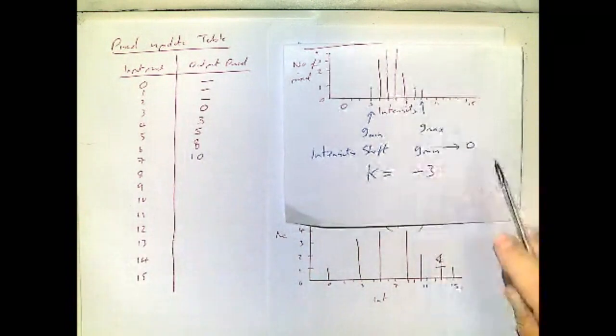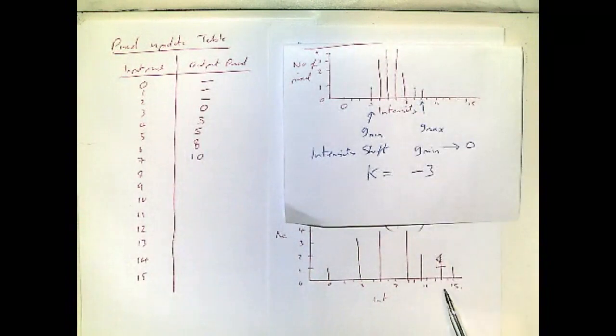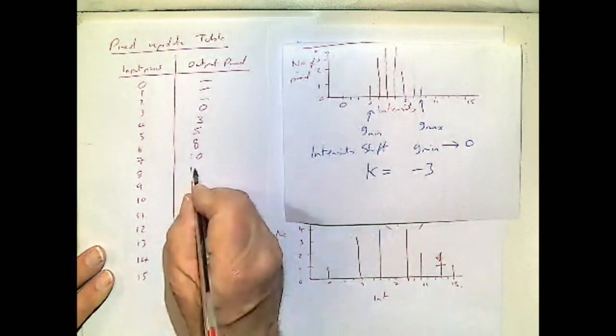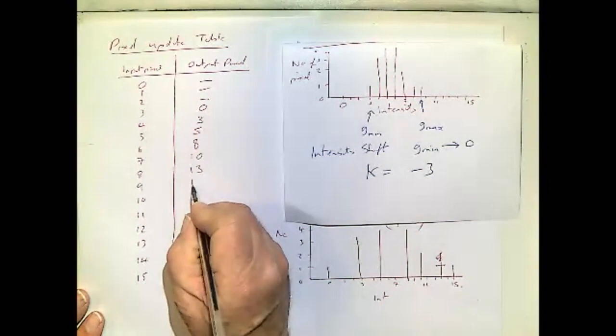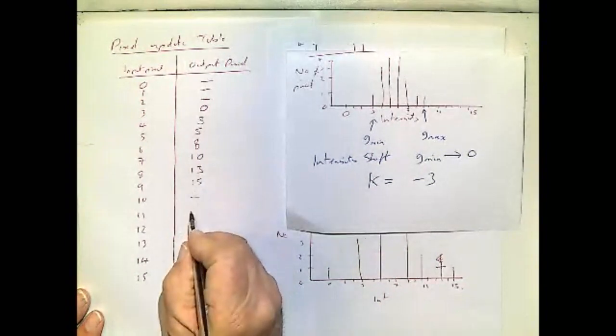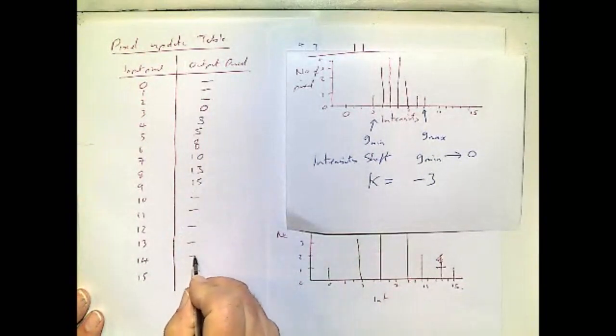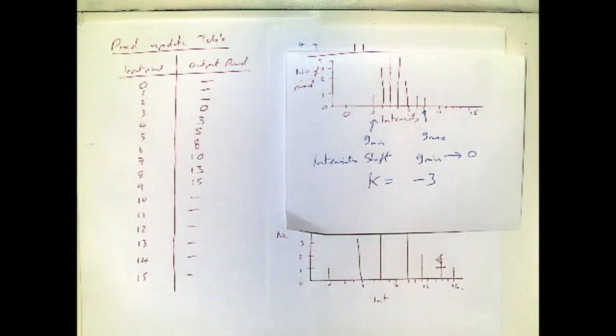Pixels originally at 8 go to 13. And pixels which were the brightest in the original image, which were 9, will now go to 15. And of course, the other ones don't occur, so we don't need them for the update. So that is your update table.